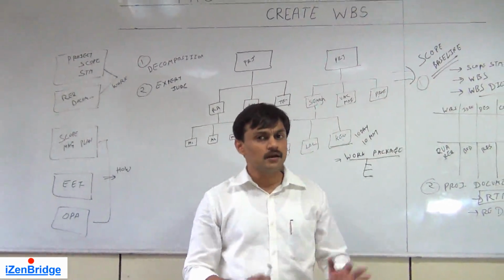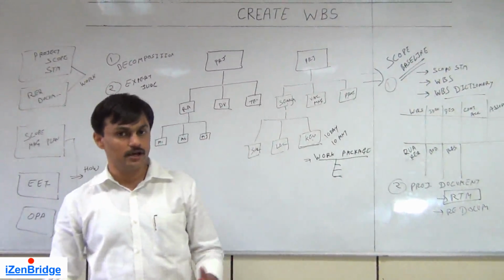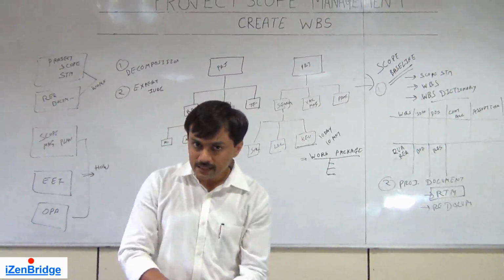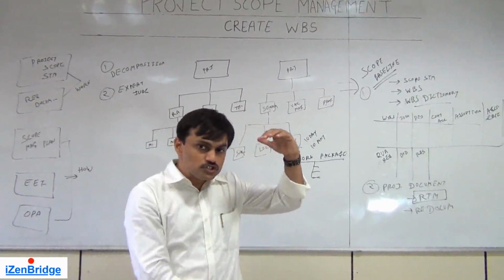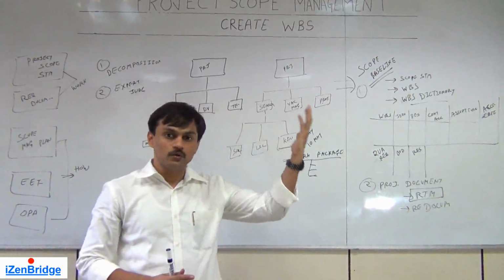So in summary, the create WBS process gives us a scope baseline, which includes the scope statement, the work breakdown structure and the WBS dictionary.